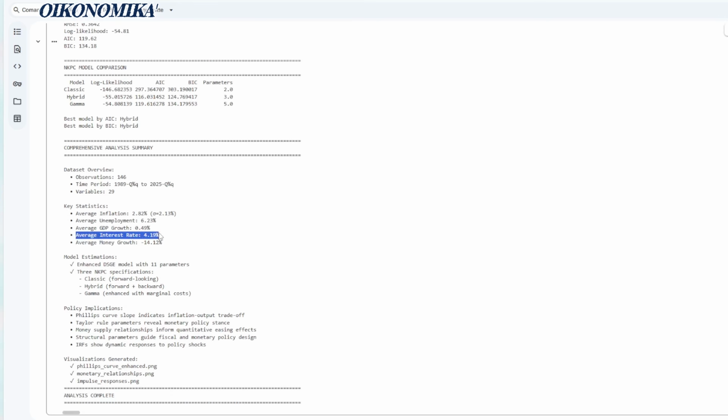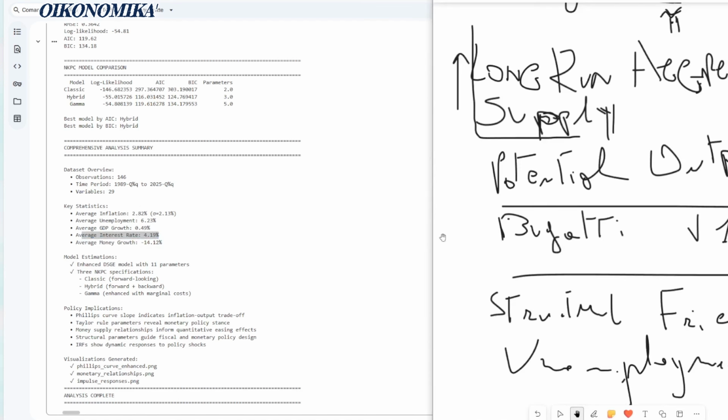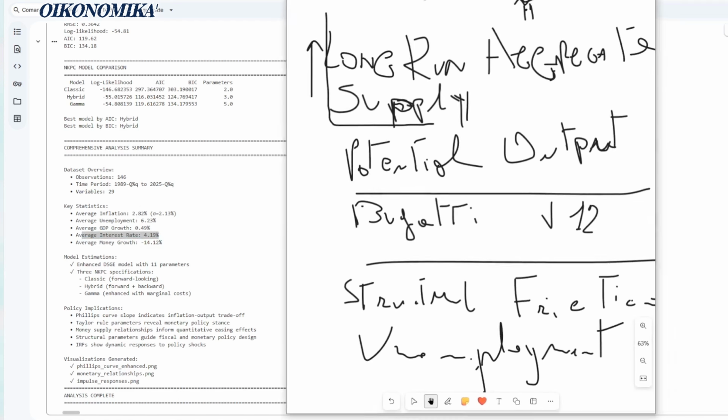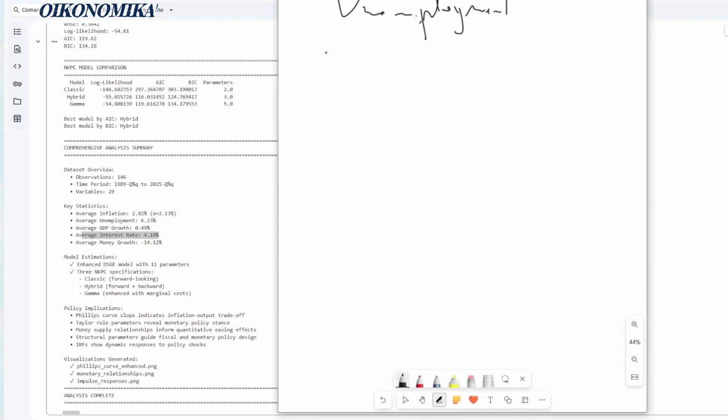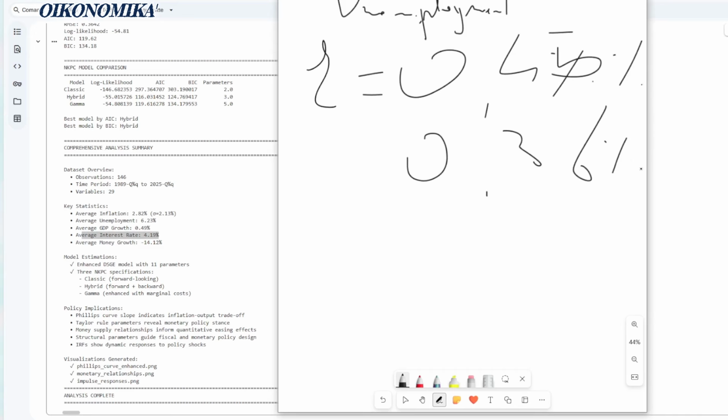And yes, we got the same levels. It's very interesting to contextualize this data, because the average interest rate of the Bank of England is 4.2%, and that goes exactly to the fact that we have estimated the neutral level of interest rate to be somewhere around 0.4%, 0.45%, 0.36%. So the neutral level of interest rate is lowered a lot.